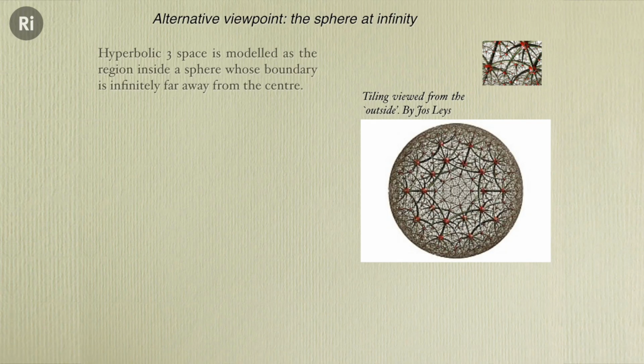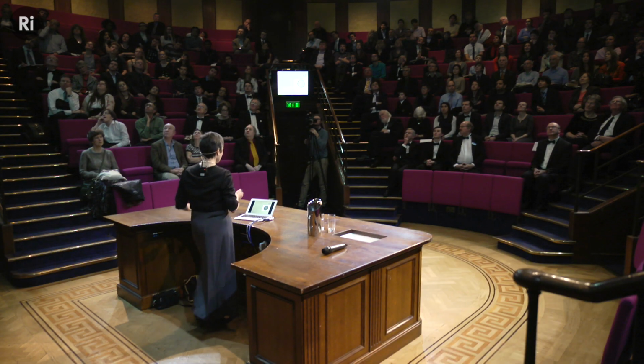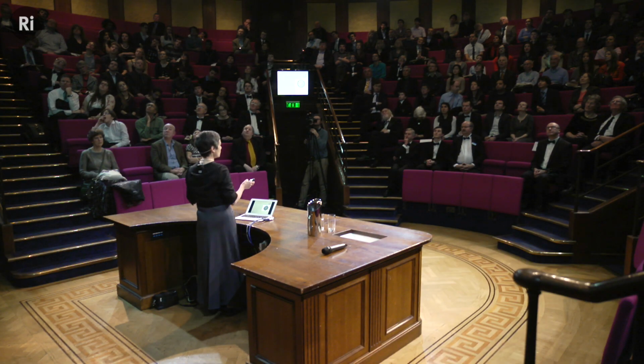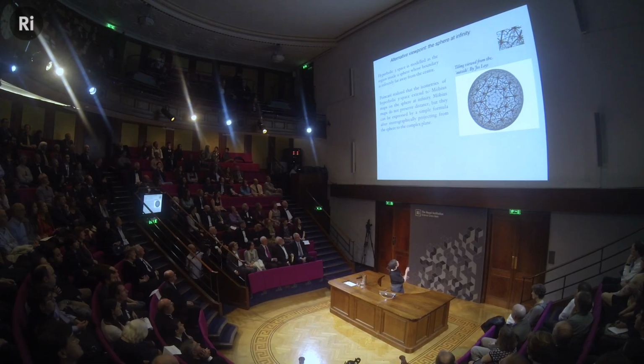This tiling that we saw, you could stand on the outside of the universe and look in, and you would see something rather wonderful like this. Poincaré, I guess when he was working with these Lorentz transformations of special relativity, realized that the isometry, a word I haven't used, isometry means a rigid motion, a congruence, like congruences in Euclidean geometry.